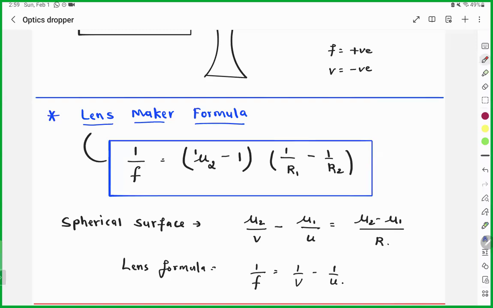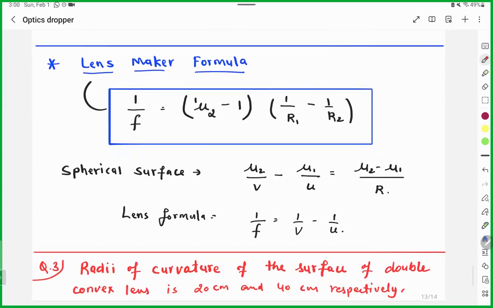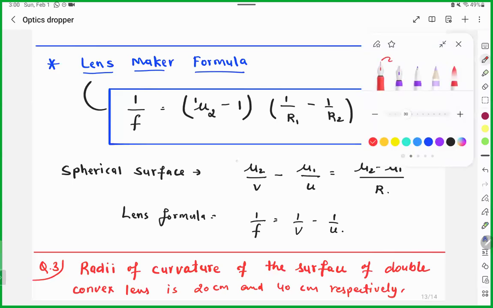It will take 10 minutes and then you won't understand properly. By the time you finish this lens maker formula and its explanation, you will be like, oh, this is too much, I have to take a break, and everything is a waste. That's why you are taking all these classes. So make sure you ask, sir, how I have to make it fast. Otherwise, all these things take too much time.